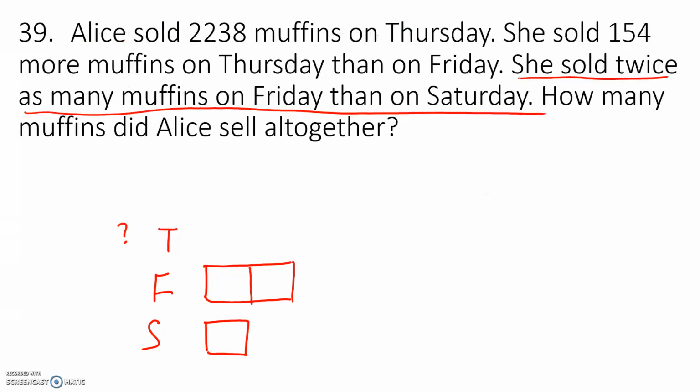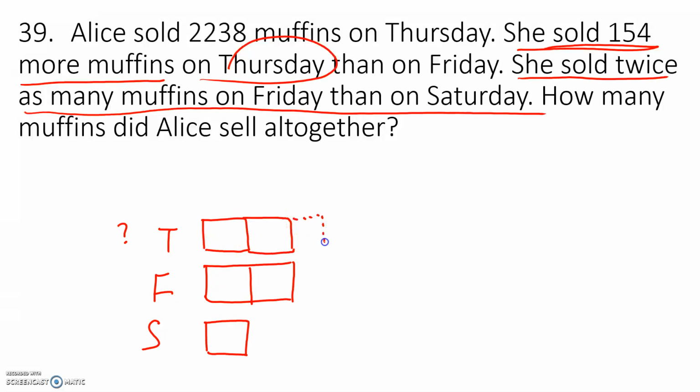Let's go to Thursday again. Thursday, she sold 154 more muffins on Thursday than on Friday. So Thursday there's more by 154. Comparing it to Friday, she sold 154 more than Friday.